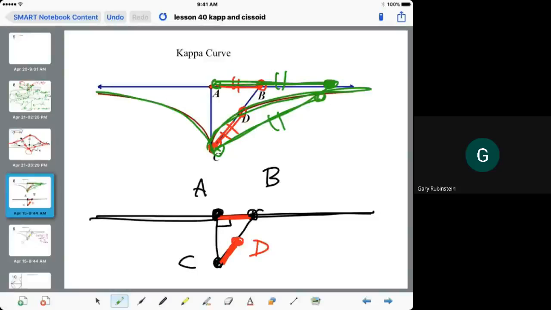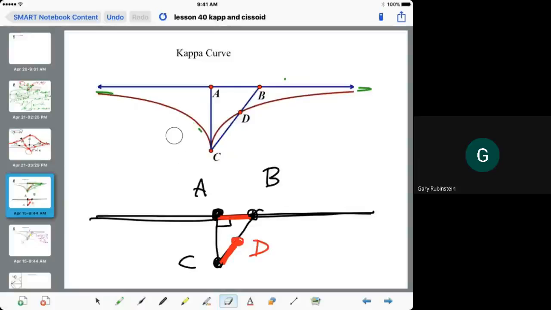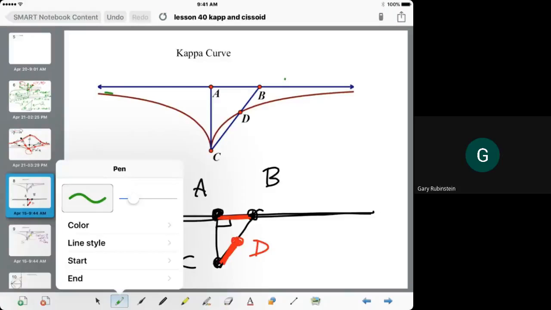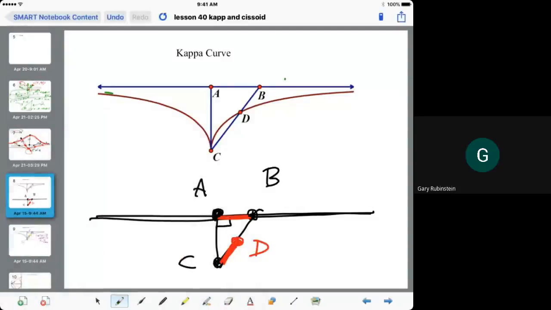And it's a pretty hard question. Let me erase all this. The trick to the Kappa curve is, let's call C the pole, and point D is going to be (r, theta).